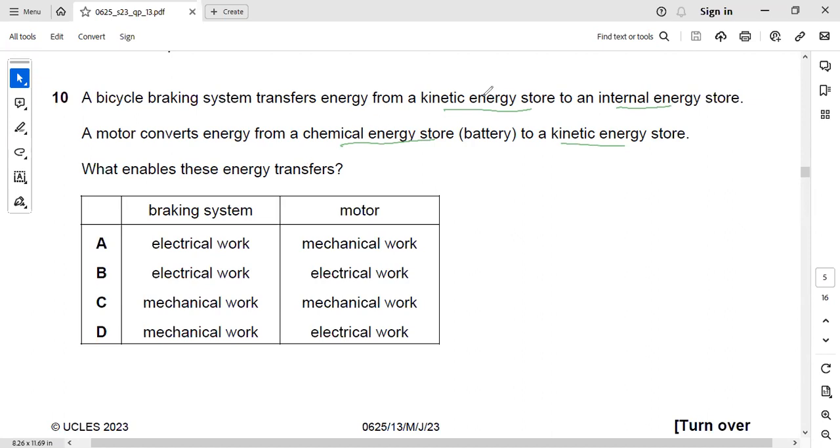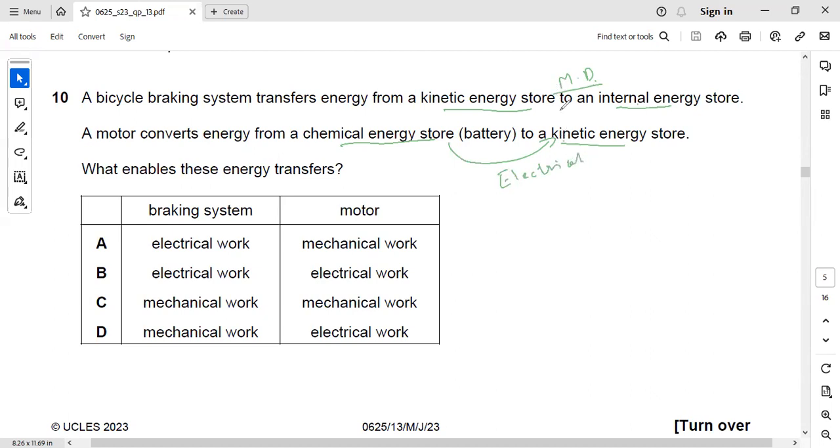So here, when this kinetic energy is transferred to this internal storage, here actually mechanical work is being done. This is mechanical work being done, and when this energy stored in this battery is turned to kinetic, means electrical work is being done.